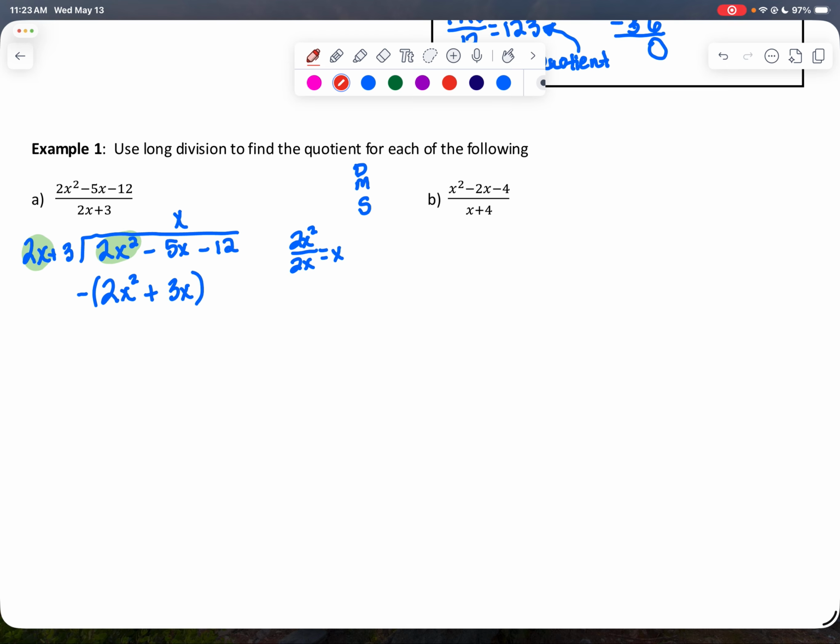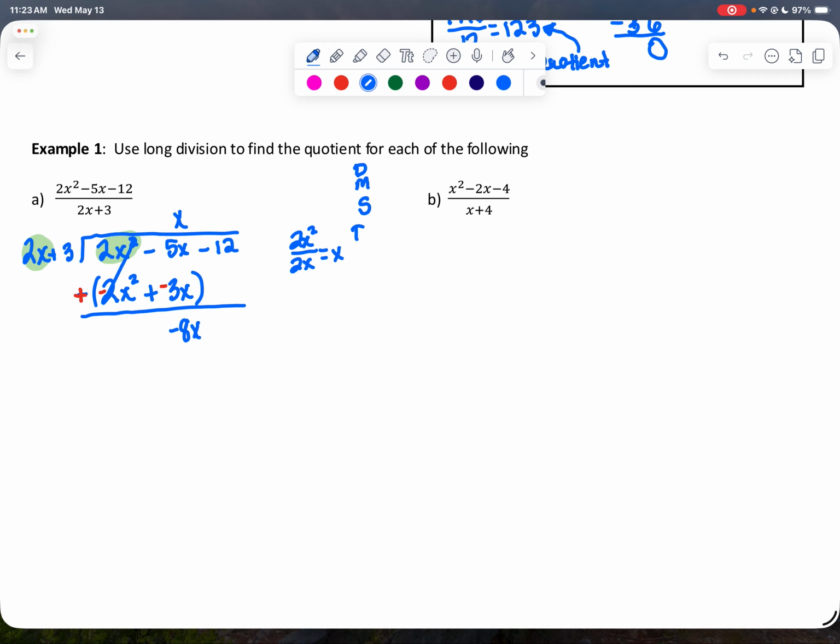So to make this a little bit easier, we're going to rewrite this subtraction problem as addition of the opposite. So change this to addition, change 2x squared to negative 2x squared, and change positive 3x to negative 3x. So addition of the opposite. All right, so let's perform that. This would zero out, and we would have negative 5x plus negative 3x is negative 8x.